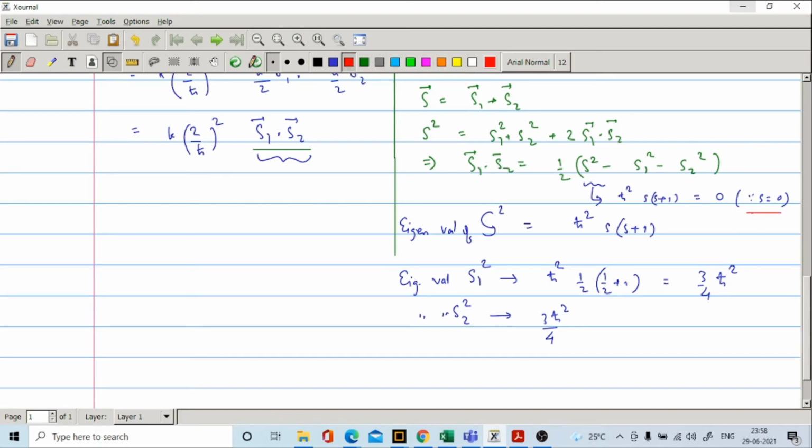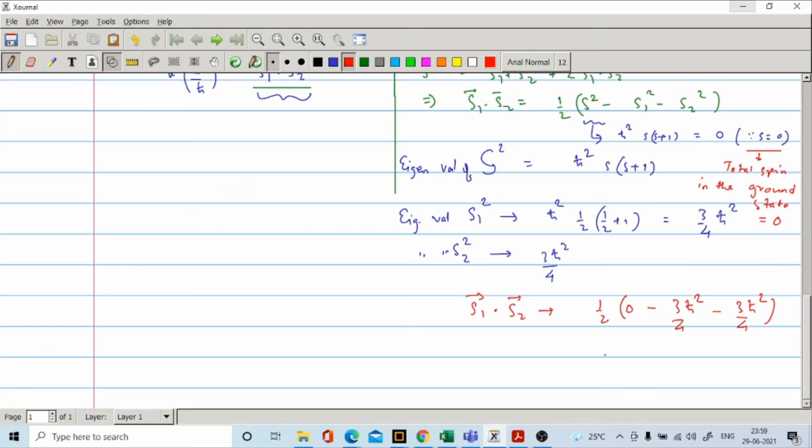Because the total spin in the ground state is 0, as given in the question. Now we'll put these things in, and what we get for S1 dot S2 is 1 by 2 times, in place of S squared, 0, and in place of S1 squared and S2 squared, minus 3 h bar squared by 4 minus 3 h bar squared by 4. So we have the eigenvalue of S1 dot S2 to be minus 3 h bar squared by 4.